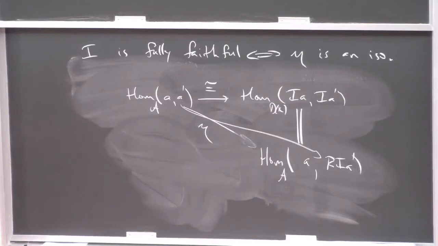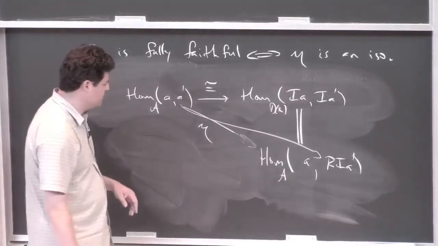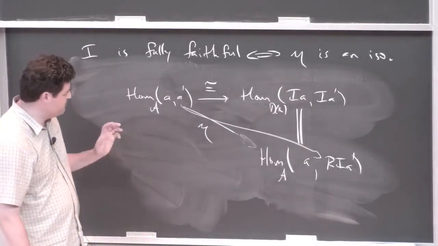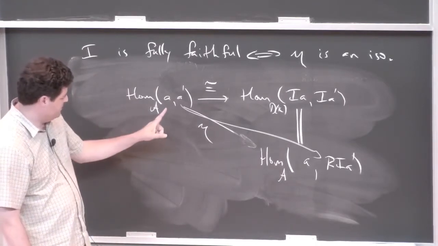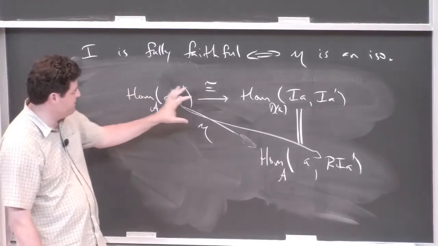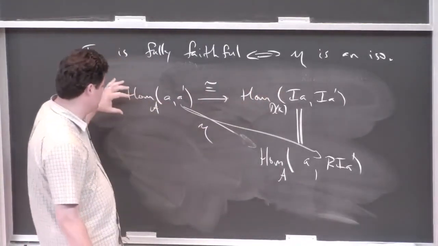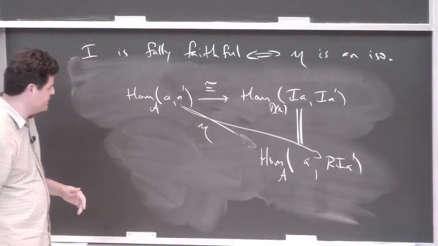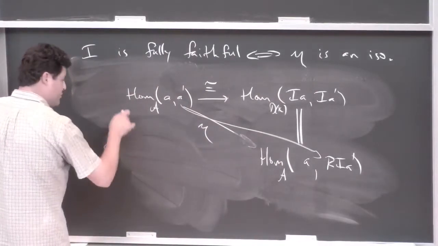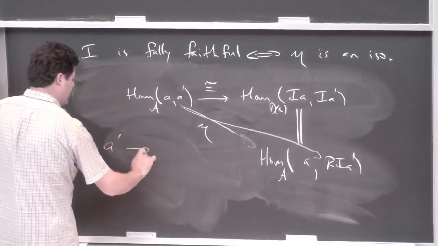Right, and MacLane will tell you that this map commutes. So by the Yoneda theorem, saying that this map is an isomorphism is the same as saying that the map induced by eta like this is an isomorphism. So by Yoneda, this is true for all A and all A prime.